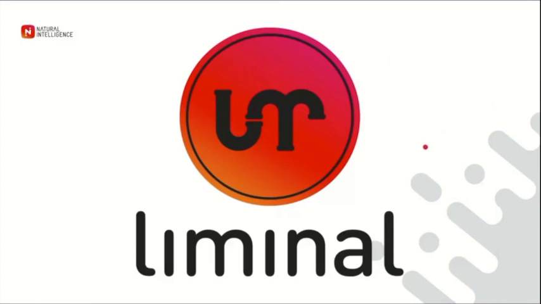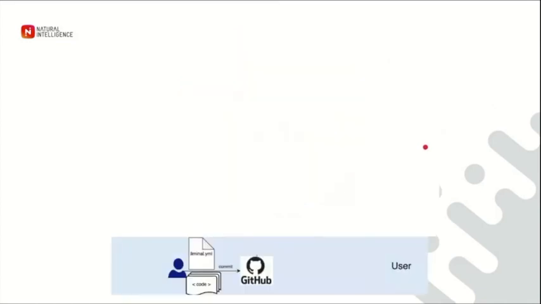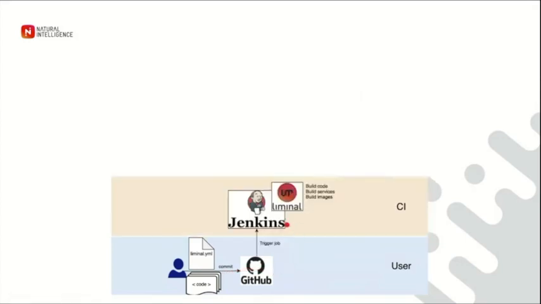So how do we accomplish this with Liminal? Well, all we ask of our users is to add one file to their code repository, which is a YAML file we call Liminal YAML, in which they define their data systems. When they commit to GitHub, our CI process then triggers a job on Jenkins, which we use for CI.